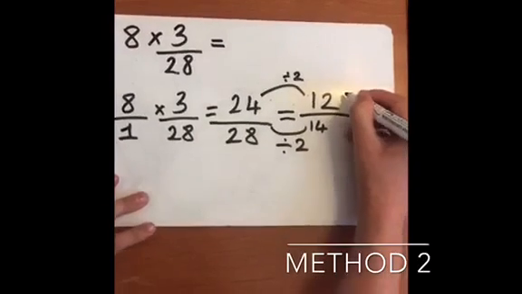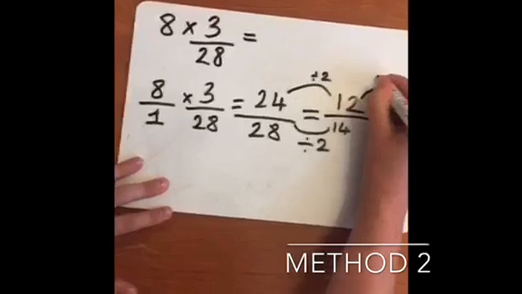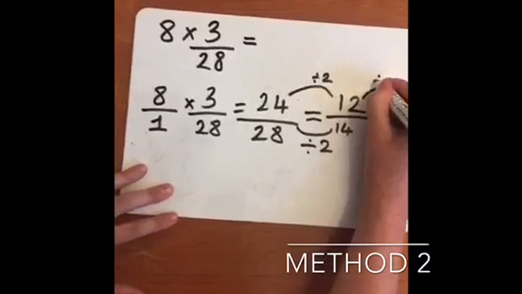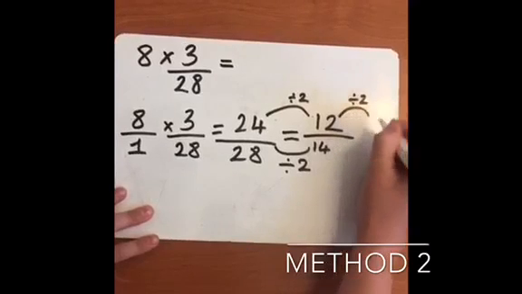And you'll probably notice that these numbers are still even, so we can use this method again. So 12 divided by 2 is 6, and 14 divided by 2 is 7.